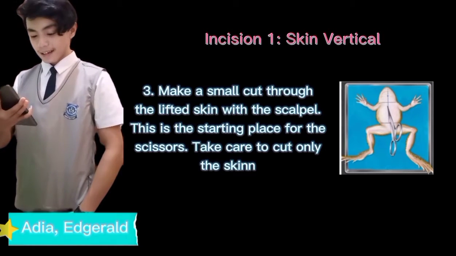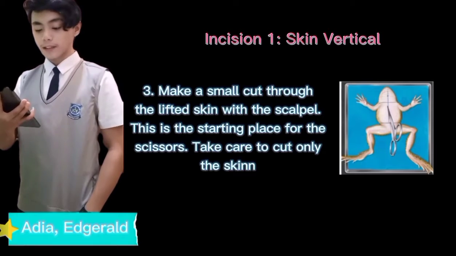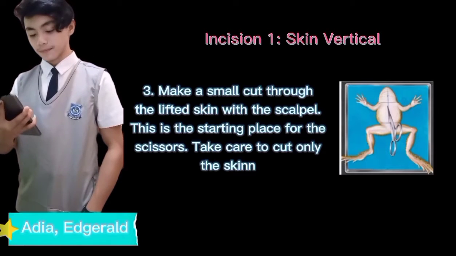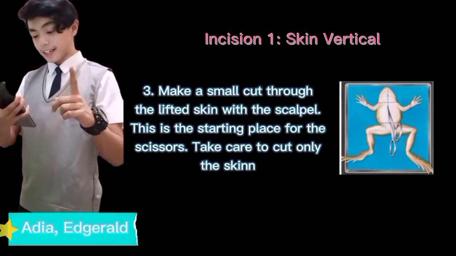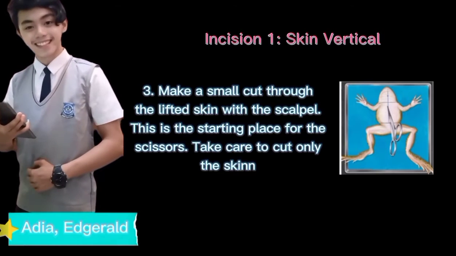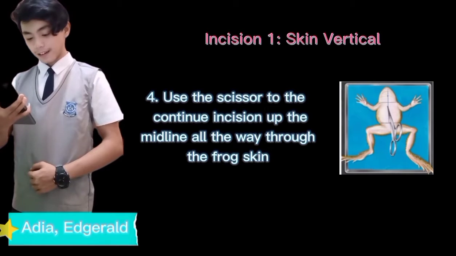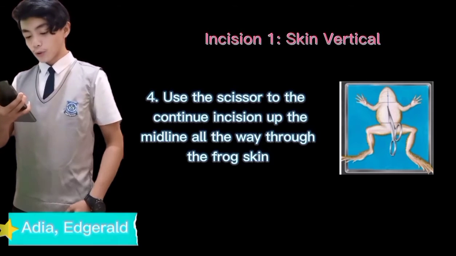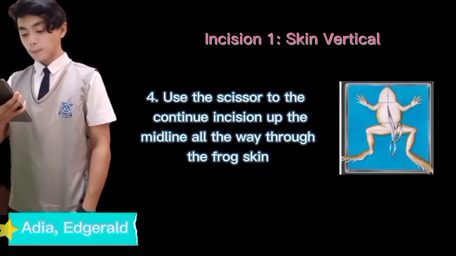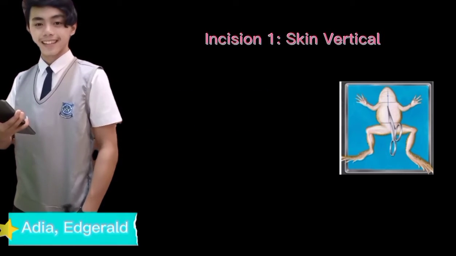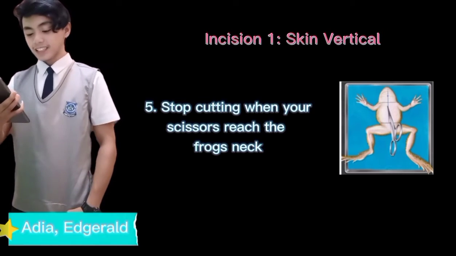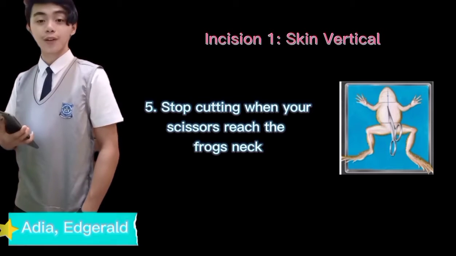Third, make a small cut through the lifted skin with a scalpel. This is a starting place for the scissors. Take care to cut only the skin. Fourth, use the scissors to continue the incision up to midline all the way through the frog skin. Fifth, stop cutting when your scissors reach the frog's neck.